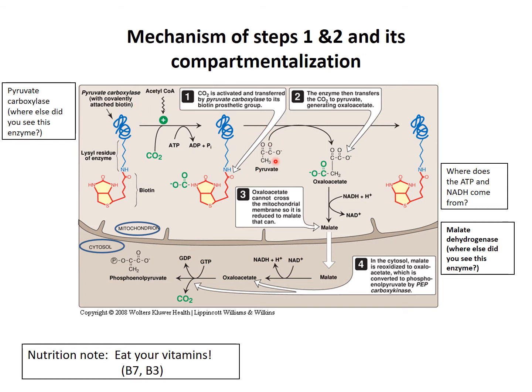So this is what I said. This is the enzyme, pyruvate carboxylase. This is the substrate. This is the end product. What is it before? This enzyme is working with a coenzyme, which we call biotin. Biotin is a vitamin-like substance. And why do we need that? Because it will covalently link to the enzyme through a lysine residue.